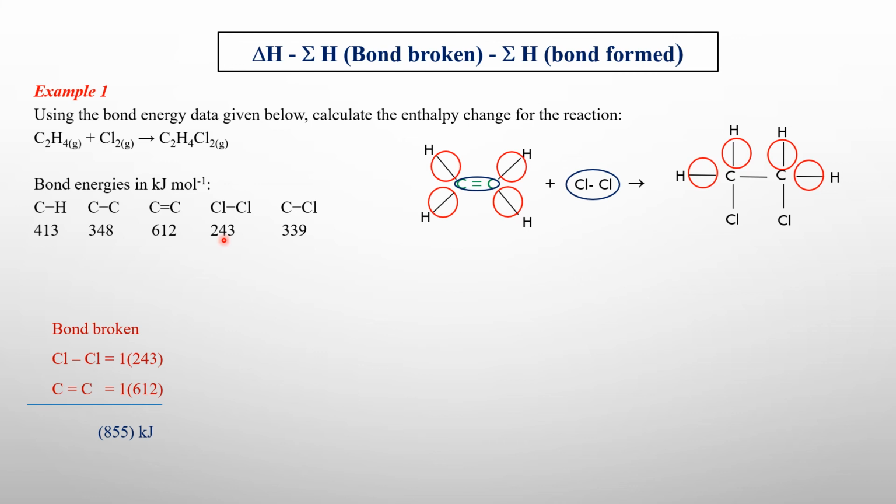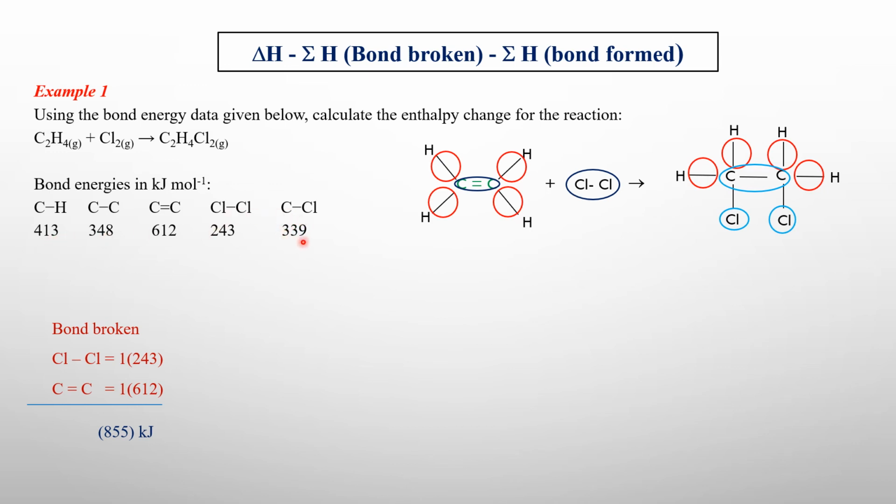Now let's see what is happening on the product side. A new bond is formed, a carbon-carbon single bond, which has a value of 348. And then the other bonds formed are between the carbon and the chlorine: that's 1 and that's 2. So 2 carbon-chlorine bonds are formed, and each one's value is 339.